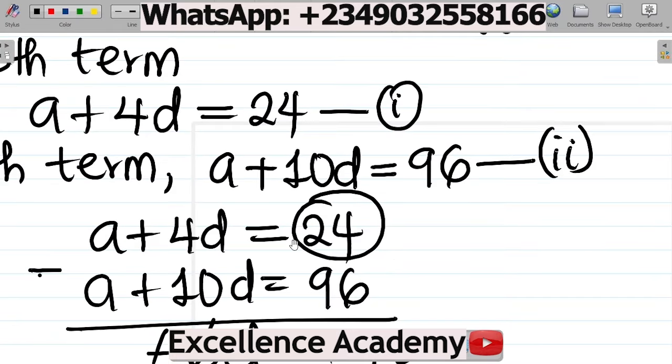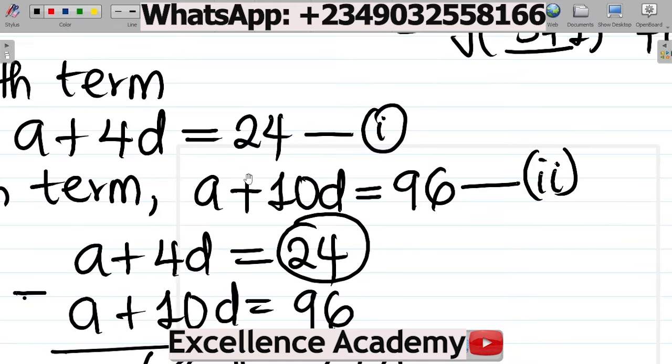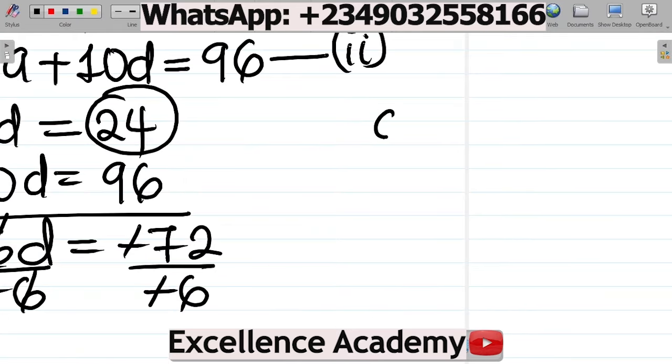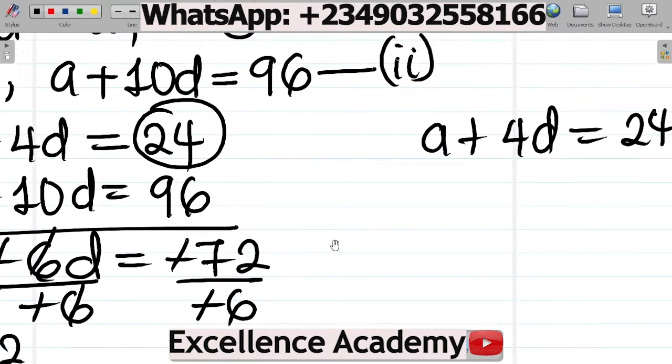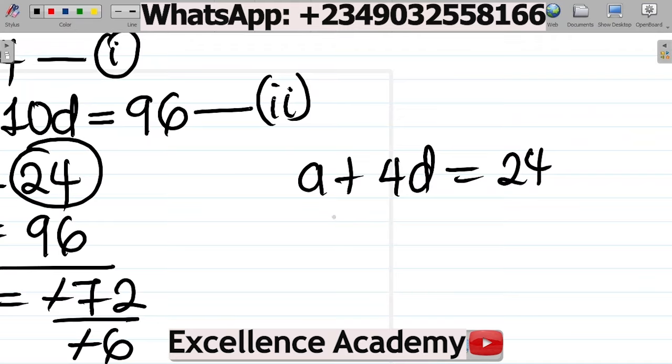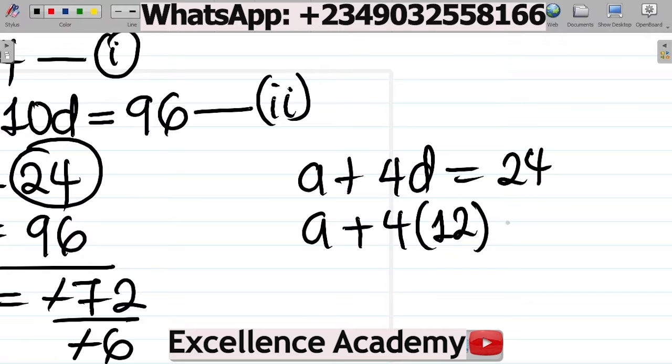From equation 1, we said A plus 4D is equal to 24. But we just said that D is equal to 12. That means A plus 4 times 12 is equal to 24.